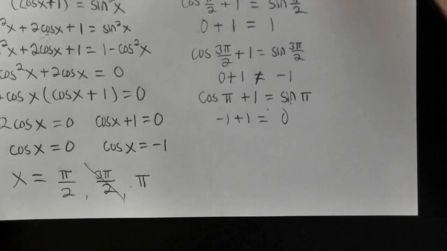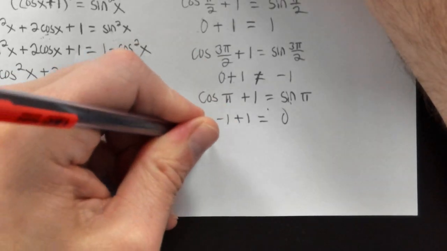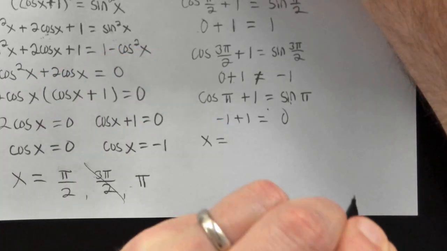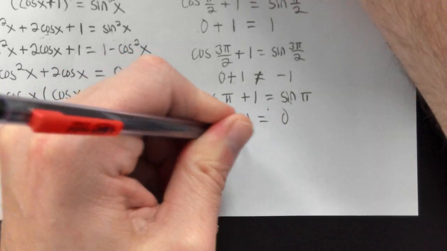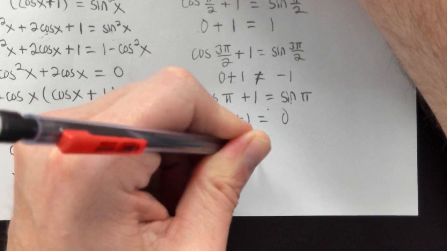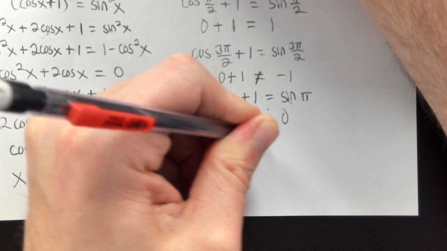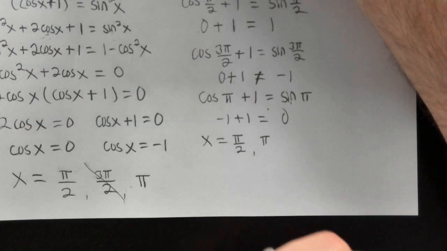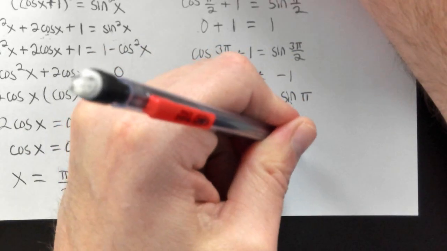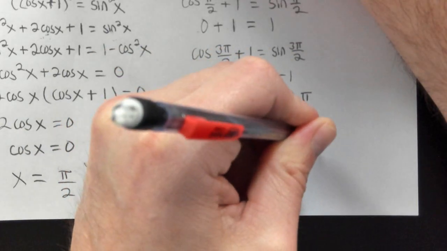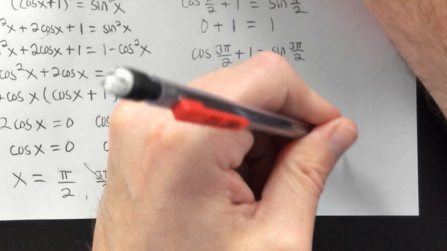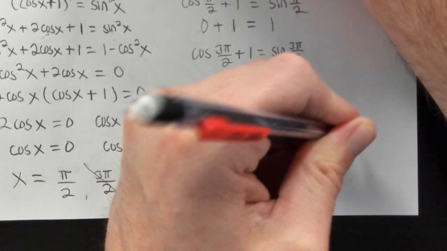Now I can take these and say that x equals pi over 2 and pi. Those are my interval solutions for 0 to 2 pi.